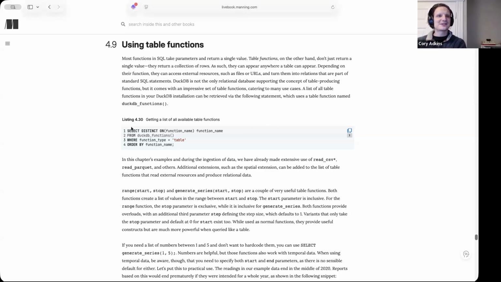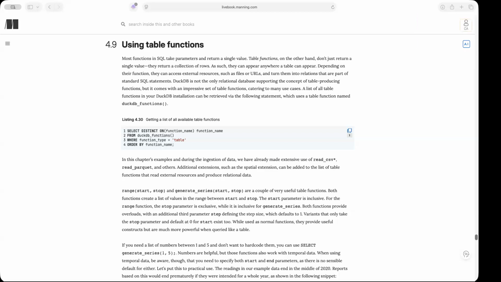Did you try it the other way? I wonder what happens if you run it without on. Right, so Claude says distinct on gets one row per function, the first according to order by, but the plain distinct removes duplicate rows.